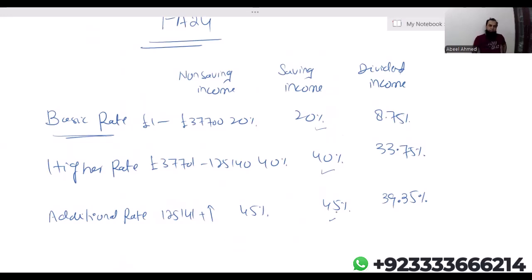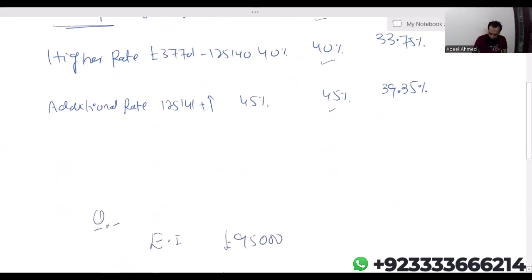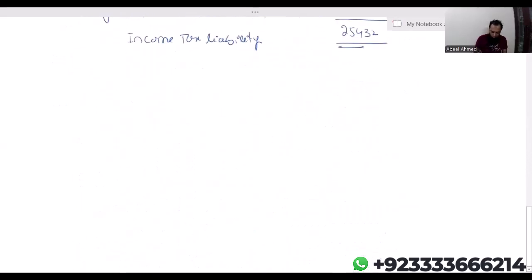But when it comes to saving incomes, there are a few additional rules which you have to consider when you are applying tax rate on saving income. So let me just write those additional rules for the saving income.